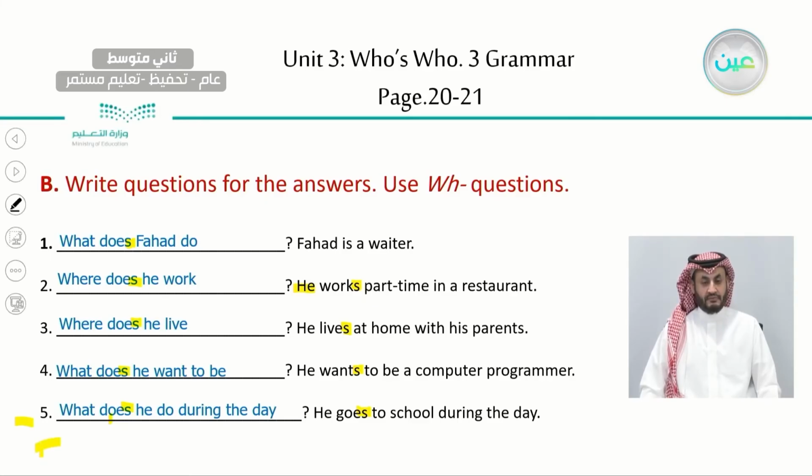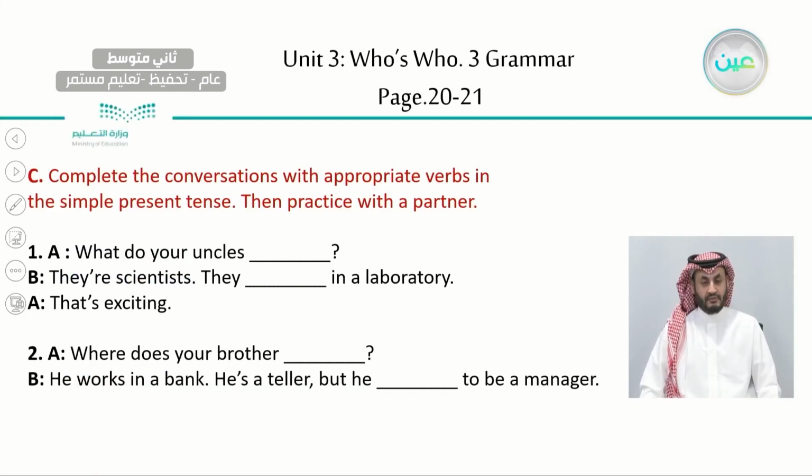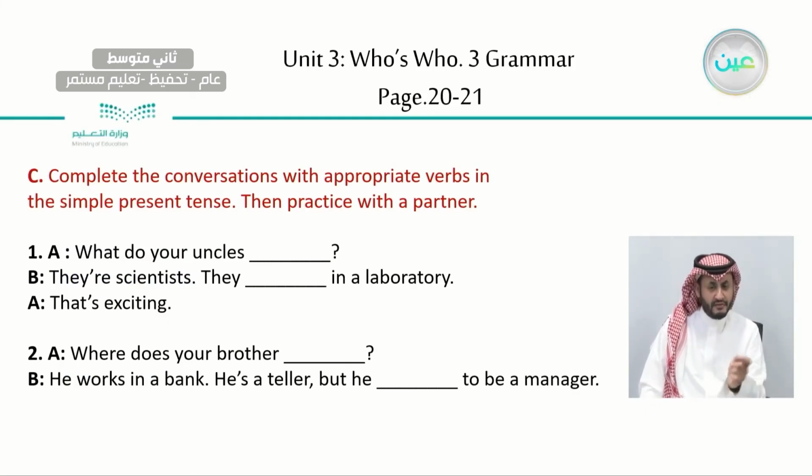Now, let's take a look at the next part here. Complete the conversation with appropriate verbs in the simple present tense. Then practice with a partner. Let's read number 1.